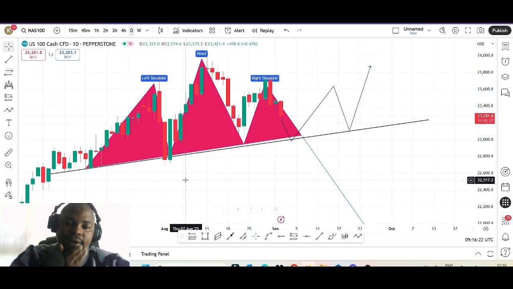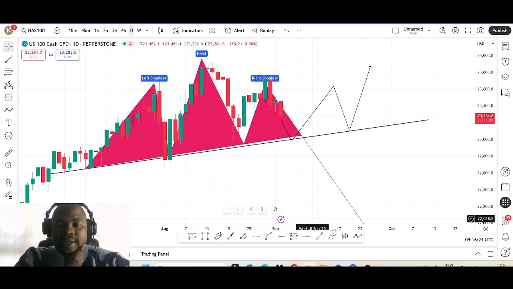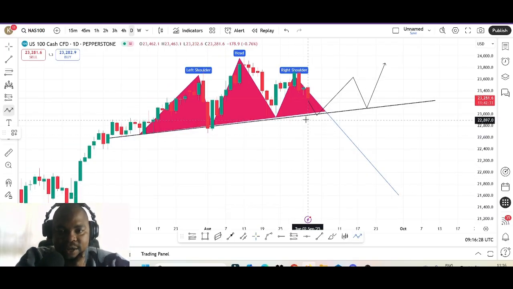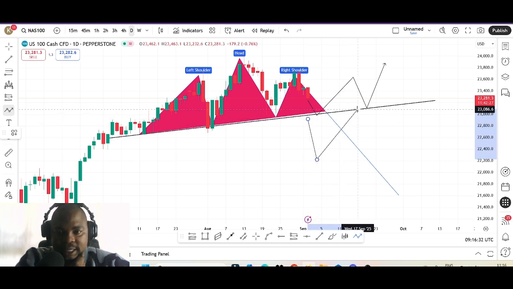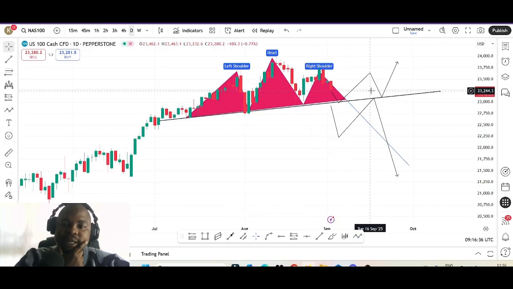The reason why I'm going to buy is this: when I get to the neckline, if I do not sell below and come back to test and then sell, I'm definitely going to buy on the neckline.